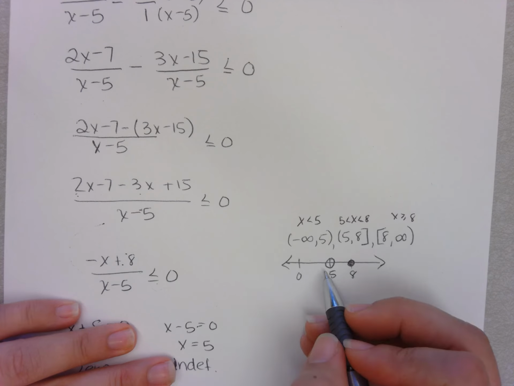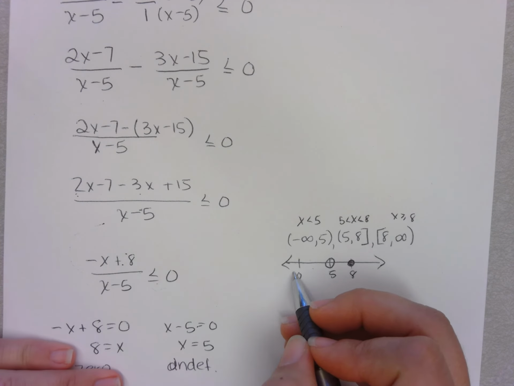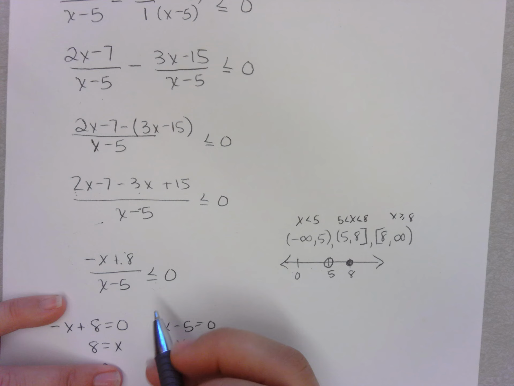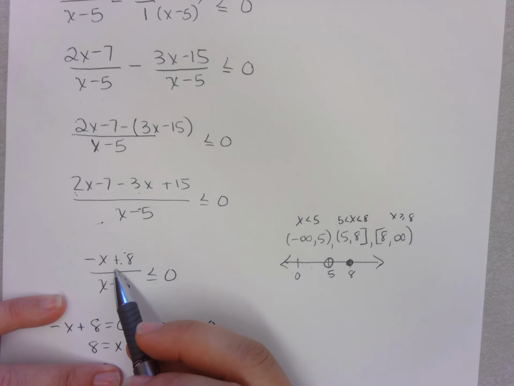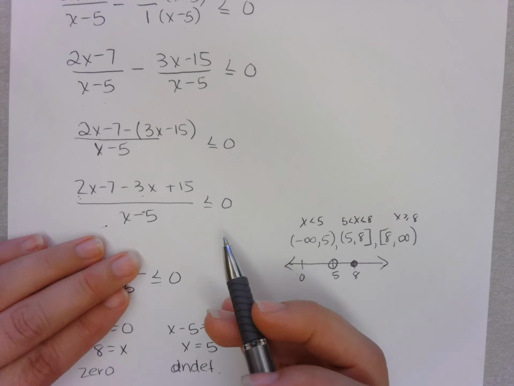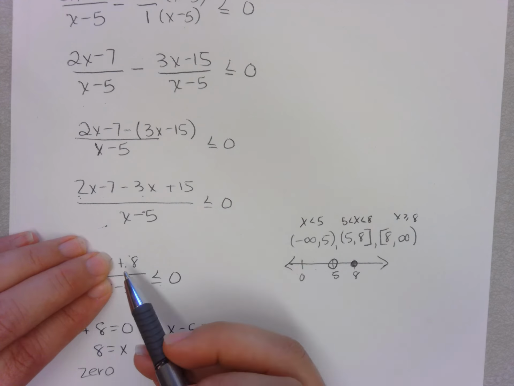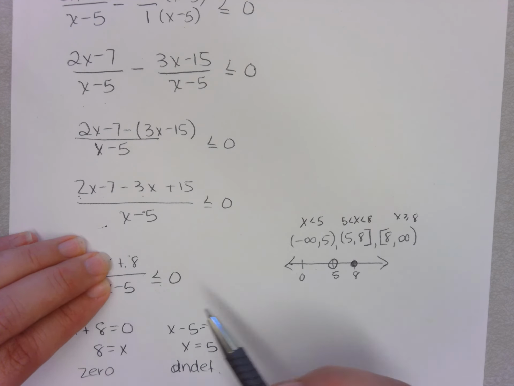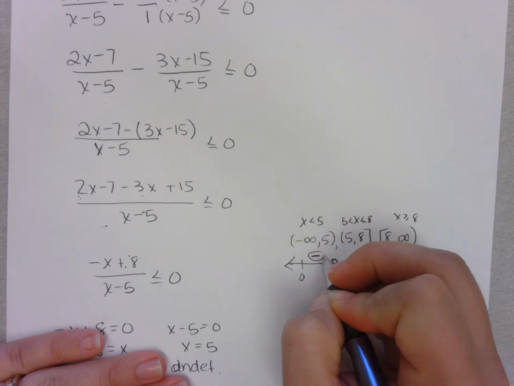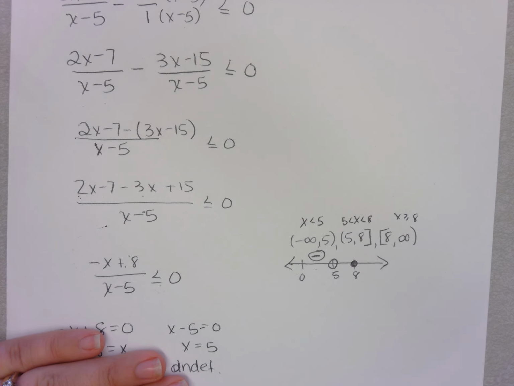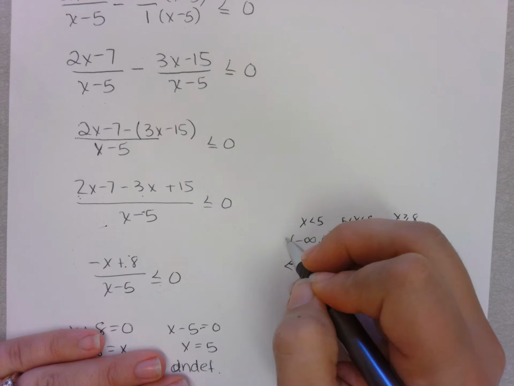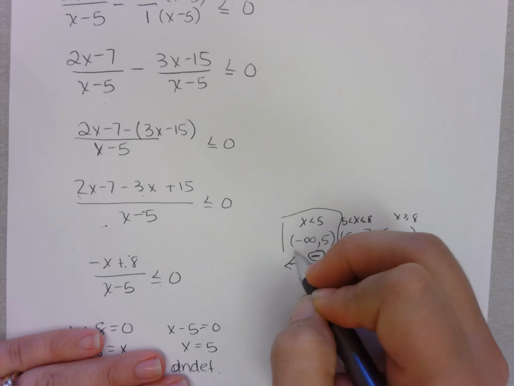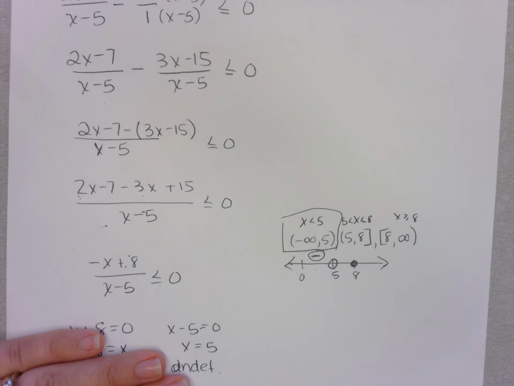All right, so now I want to pick a point out here. 0 is out here, so let's look at when I plug in 0 over here. Basically these 2 pieces are going to be gone, and I'm going to have positive 8 over negative 5, which is negative. So I have a negative solution in there. So that is part of my solution, right? Either one of these, depending on which I want, that's part of my solution.